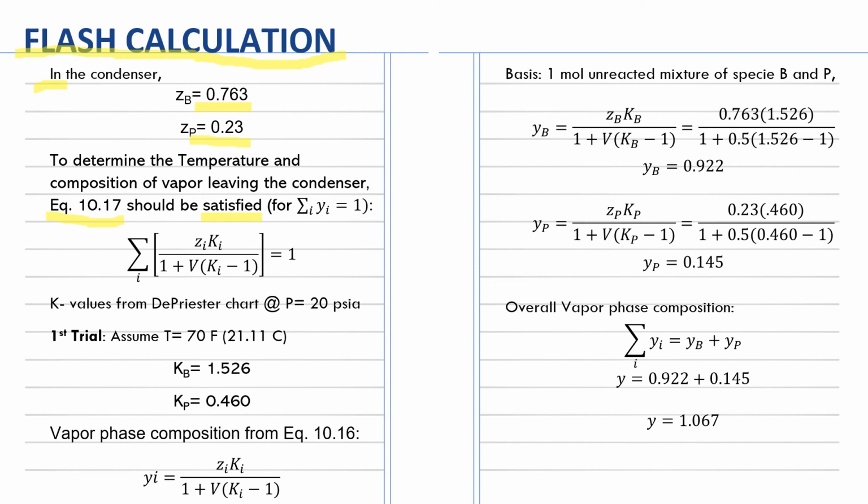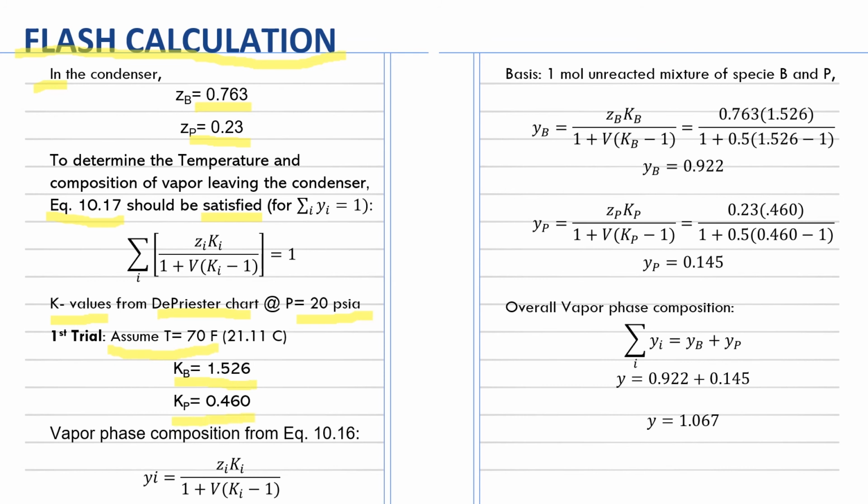The K values are determined using the De Priester chart at a certain temperature and pressure. Since pressure is constant at 20 psia, the temperature will be assumed to be 70 degrees Fahrenheit in the first trial. From the chart, the K values for butane and pentane are 1.526 and 0.46 respectively.